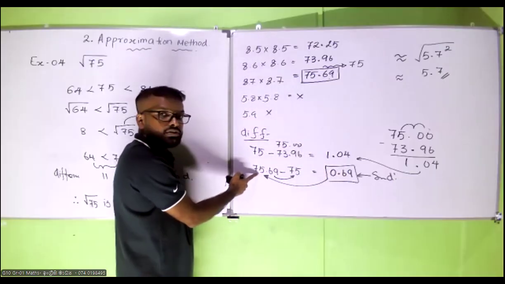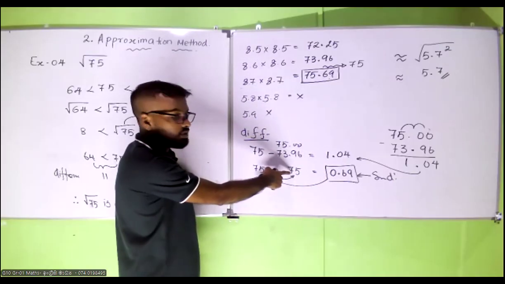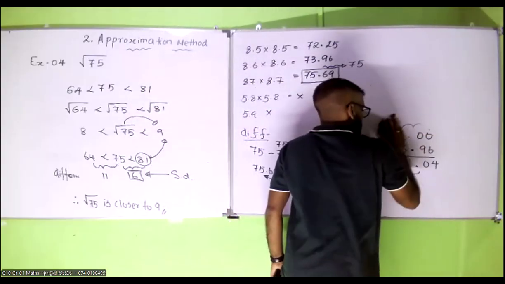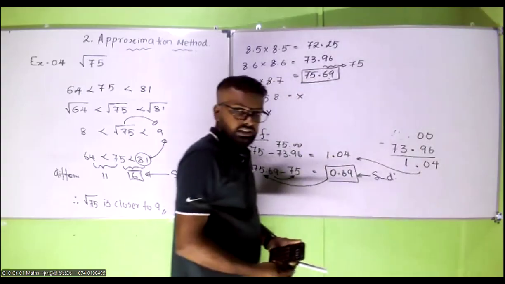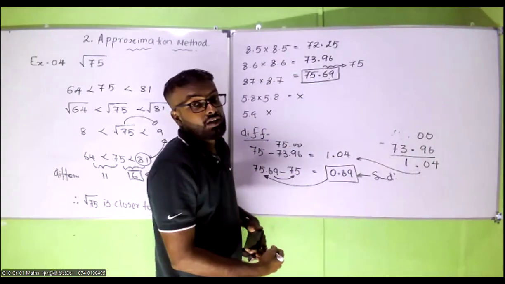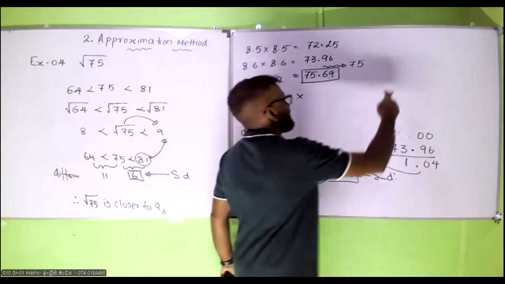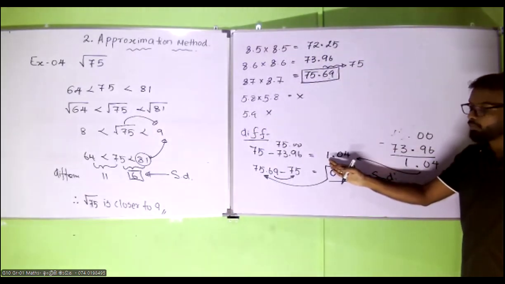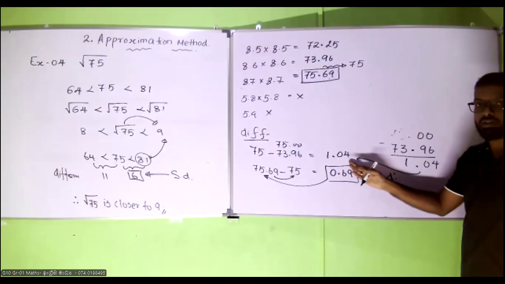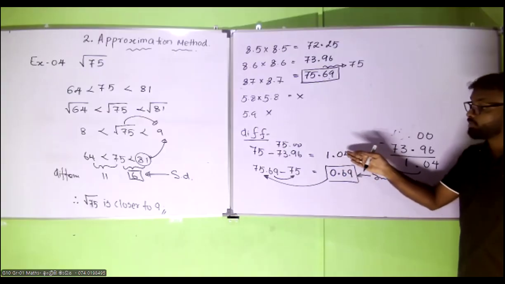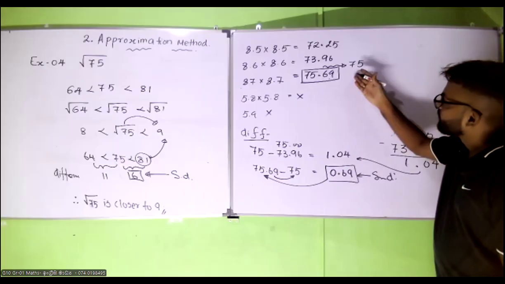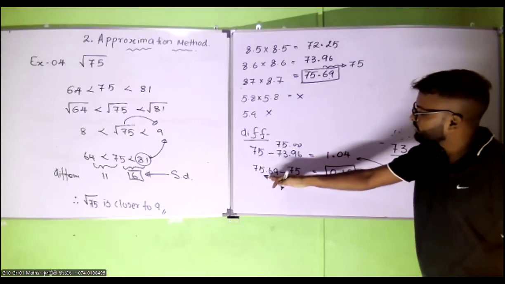So the closest value to 75 is 75.69. This is the point most of you got wrong. So it is a tricky point. When you are simplifying, you have to care about the whole number part as well. 1.04 is greater than 0.69. So this is the closest one.